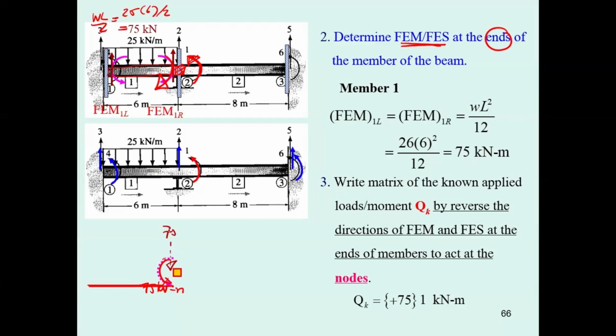We will use this later. On node number 1 over here, you are also going to have this 75 kilonewton, and also this 75 kilonewton meter, but you will use them when you determine capital Q sub U, not this one.